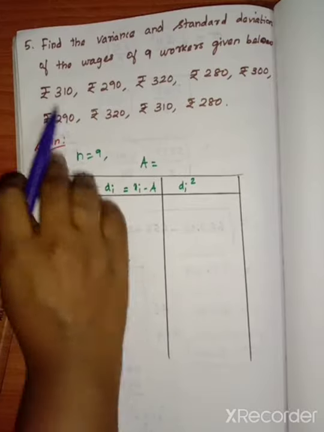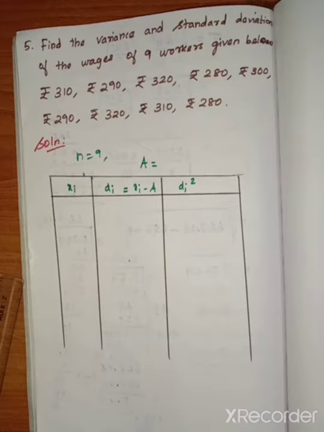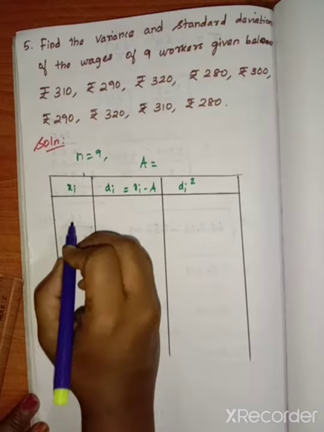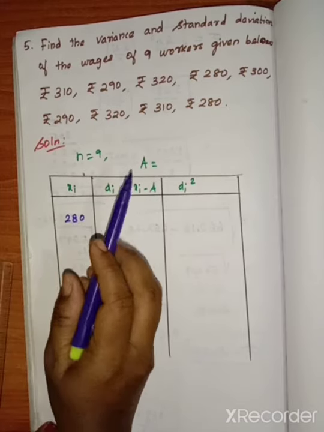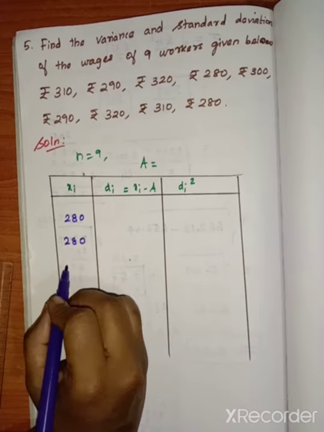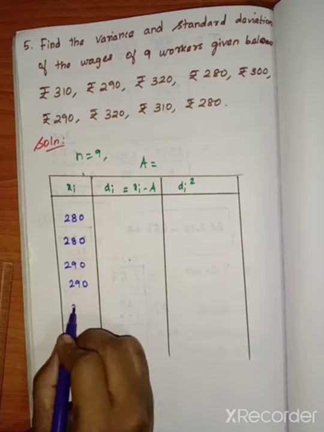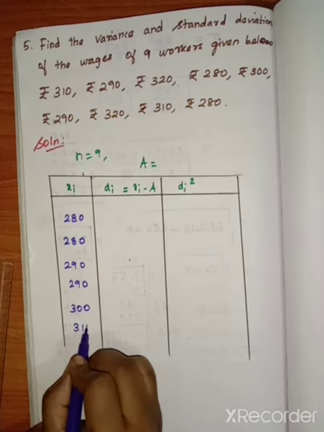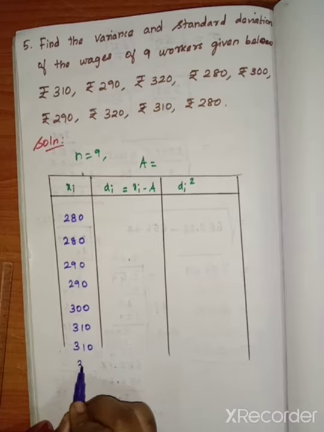So here the data is given in a jumbled order. We can write it in ascending order, which will help you. So we write in ascending order, starting from 280. 280 is repeated 2 times. Then 290 also repeated, then 300, then 310, 310 also 2 times, then 320, that also 2 times.